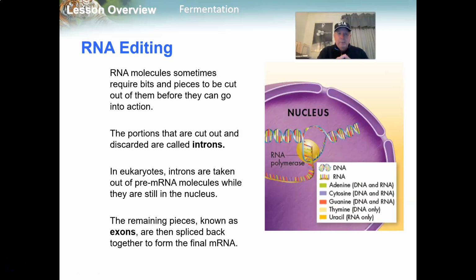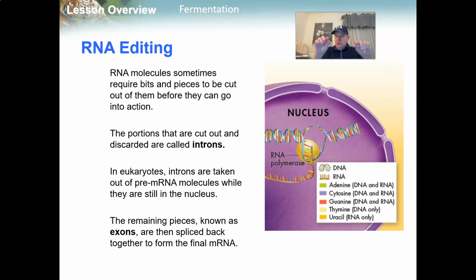Now, here's a weird thing. RNA molecules that are being created from the DNA inside the nucleus sometimes require bits and pieces to be cut out of them before they can go into action. The portions that are cut out and discarded are the introns. You'd think they would be called the outrons, but they're called the introns.